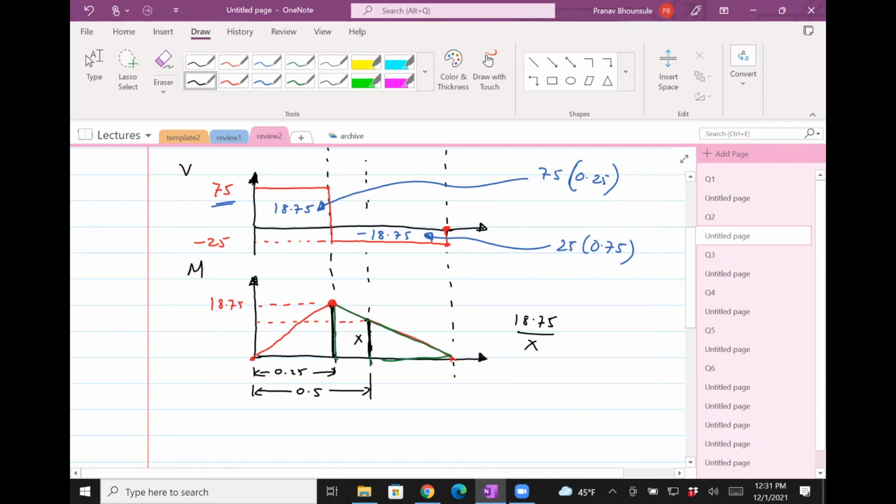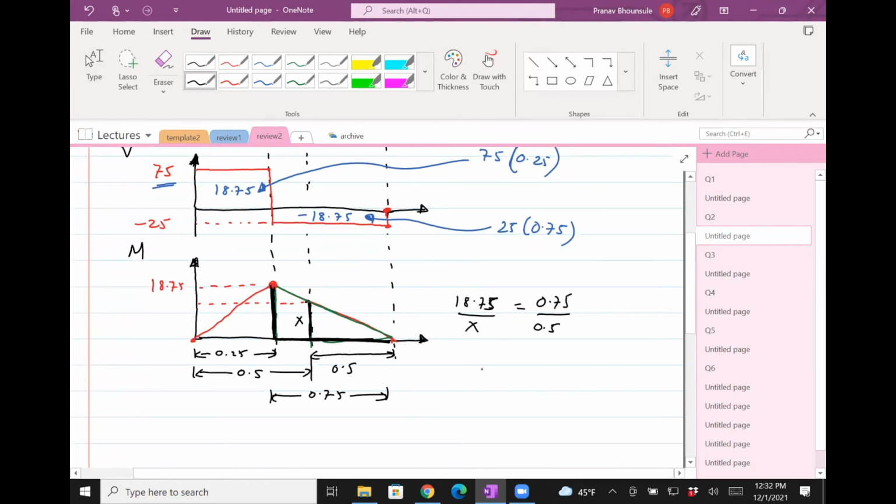And then we know that this side is 0.5, so 0.75, which also corresponds to this one. So I put it in the numerator. And then this smaller side, which is from here to here, is 0.5. So 0.5. So solving for x, we have 12.5. So this is 12.5. Okay.